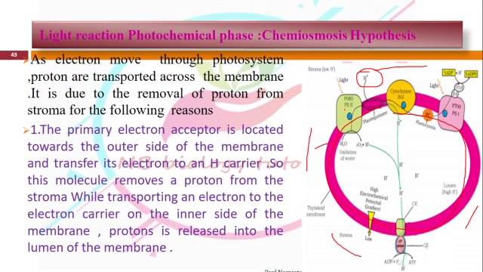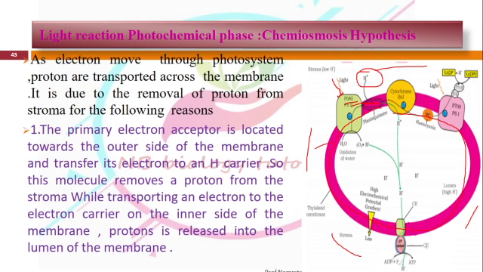The photosystem II reaction center is P680. When it absorbs light energy in the form of a photon, this photosystem becomes excited and emits an electron.